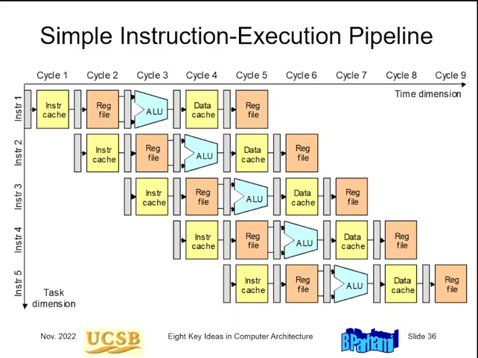The data cache is accessed or loaded in the next cycle, and finally the results are written back into the register file. So this is one instruction. This is the next instruction that follows it one cycle later. Once this one is done with its fetch, the next instruction does its fetch, and so on. Of course, in general, we have dependencies between these instructions.